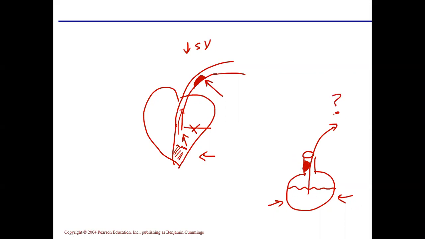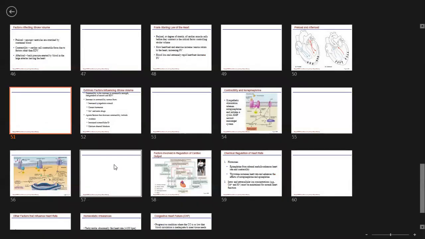Is it going to have the same amount come out or less? Remember, the amount of water coming out of the balloon is very similar to the stroke volume. Obviously, less is going to come out, because they are narrower, all right? So less is going to come out. This obviously is going to lower the stroke volume. And this is referred to as the afterload.